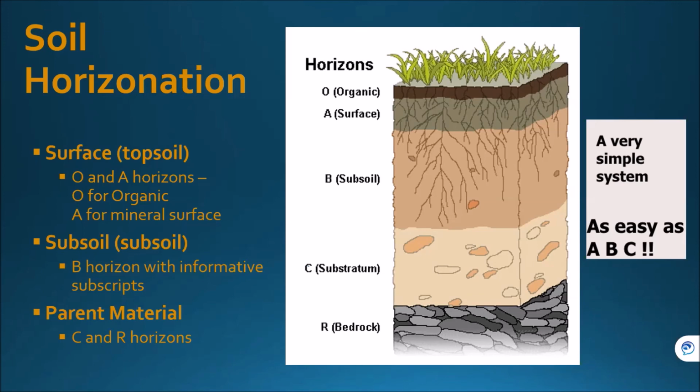Then our subsoil is our B horizons, and then our parent material, what the soils are formed from, whether that's bedrock, glacial till, outwash, those types of materials, are your C and R horizons. We always try to say that it's a very simple system. It's easy as ABC, and you keep it so that even the engineers can understand. Next slide, please.